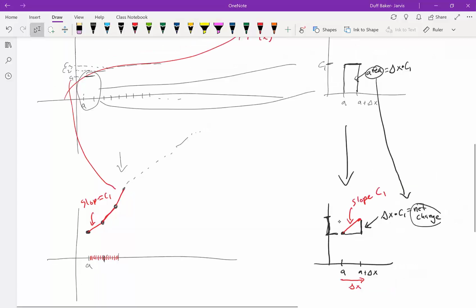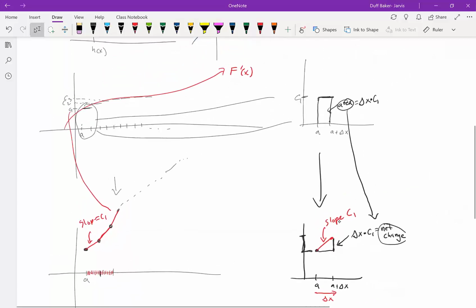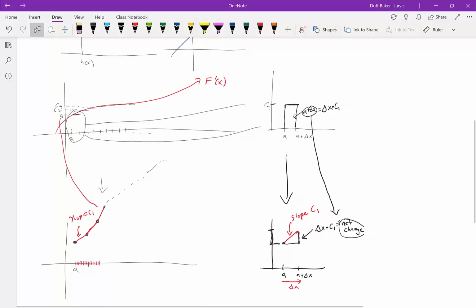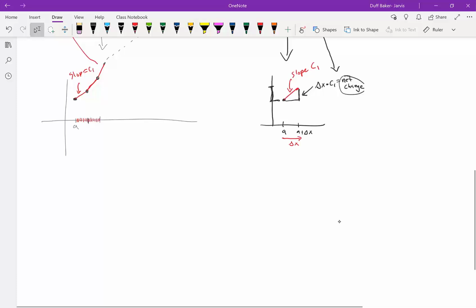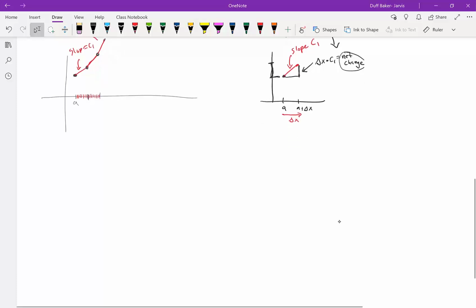So that's the moral of the story: this is the reason why antiderivatives are related to areas. If you do these little approximations, then the areas are exactly equal to the rise in the function, and if you make it small enough, you get it exactly correct. That's the story behind the fundamental theorem of calculus.